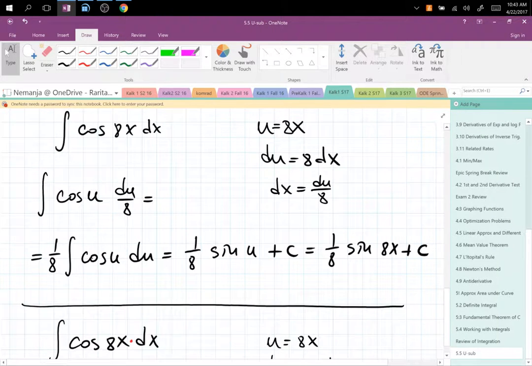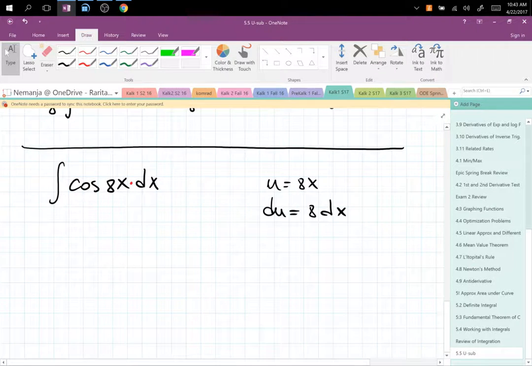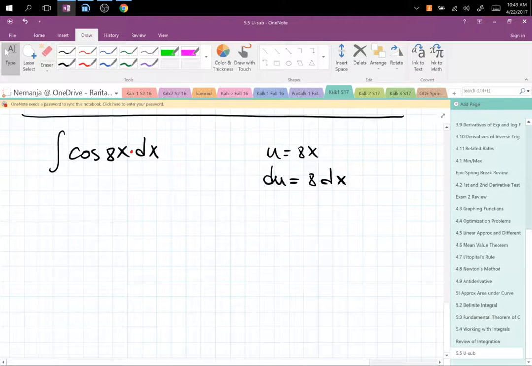So the previous way was you figure out what the substitution is, you differentiate, and then you make dx equal everything else, and then you plug that in. That was the old way. Now here's the new way. The new way says, here's the same substitution, here's the same derivative. Obviously that can't change.